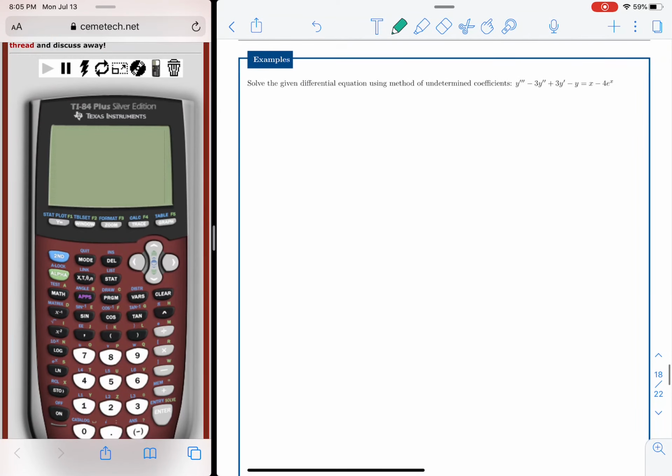So here we have another third order differential equation. So as always, we start with the associated homogeneous equation.